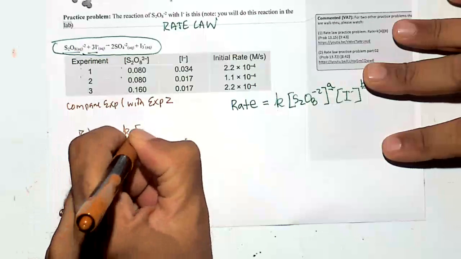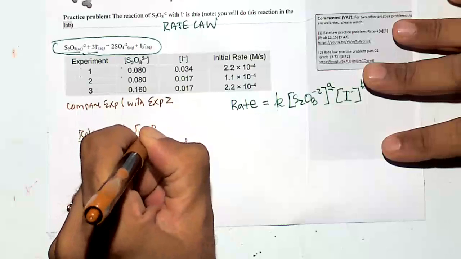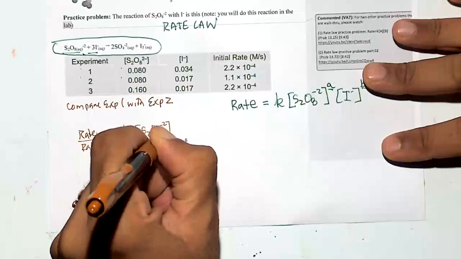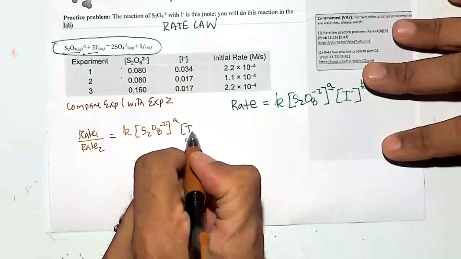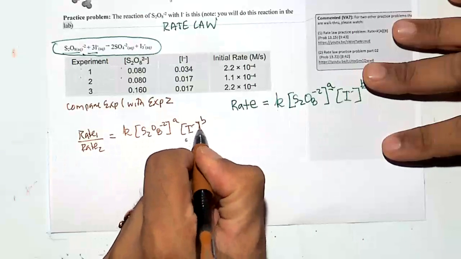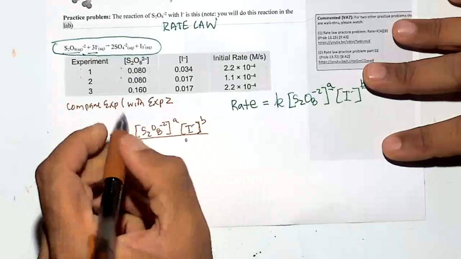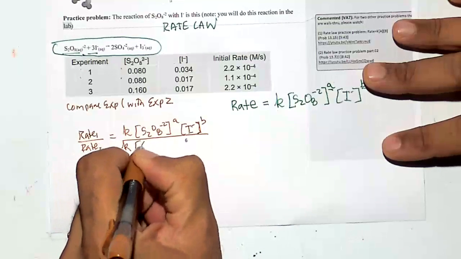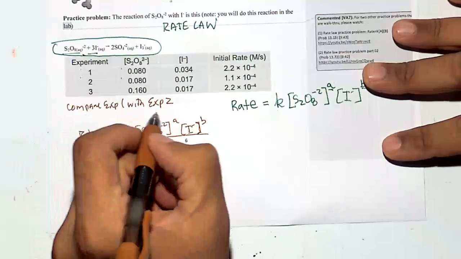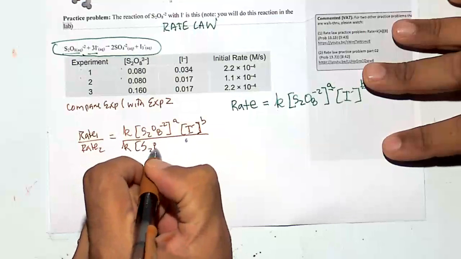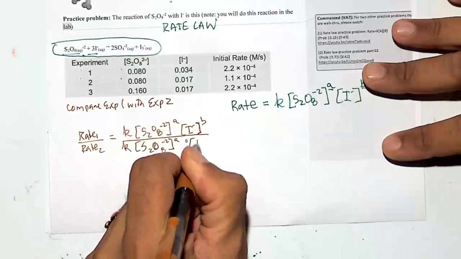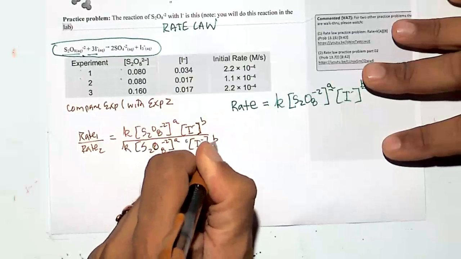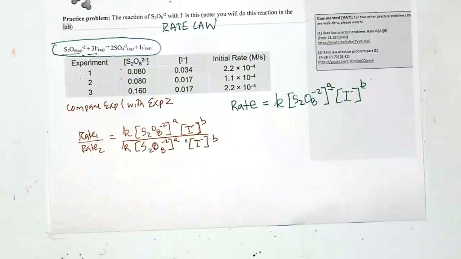That's going to equal k times S2O8 2 minus raised to the power of A, times I minus raised to the power of B, divided by k times S2O8 for experiment 2, times I minus raised to the power of B.